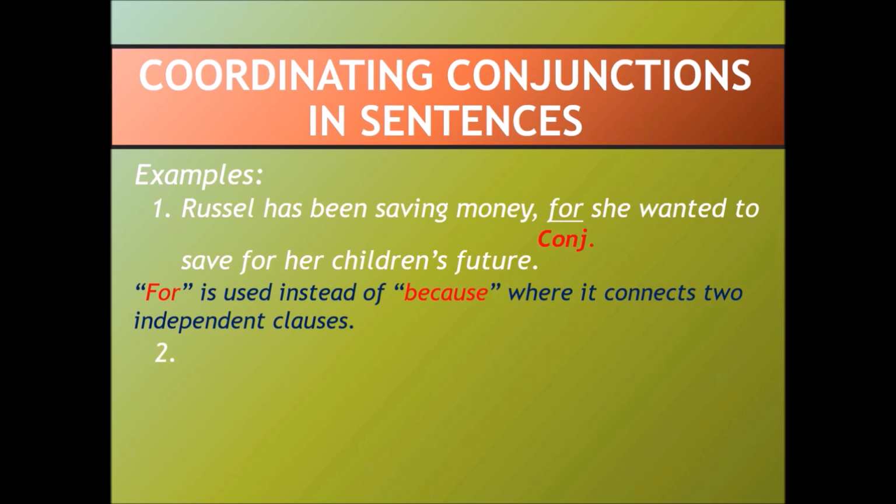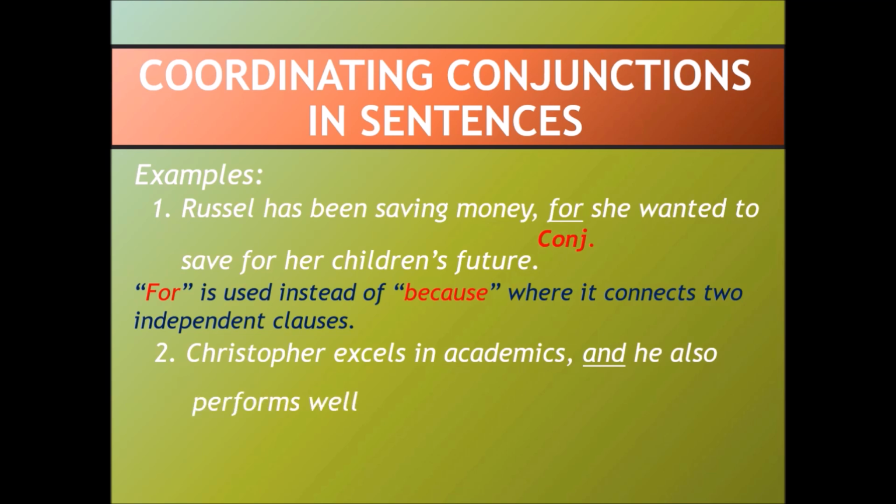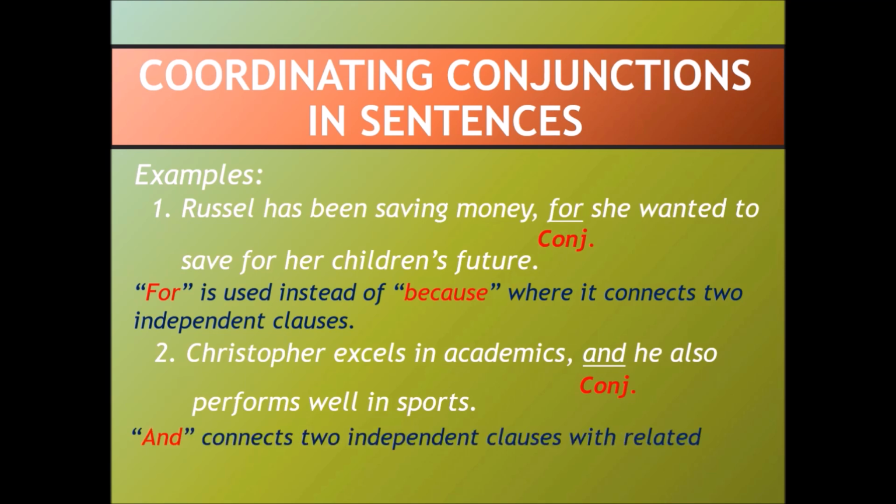Second example, we have Christopher excels in academics and he also performs well in sports. And there is a coordinating conjunction. And connects two independent clauses with related ideas. Conj stands for conjunction.